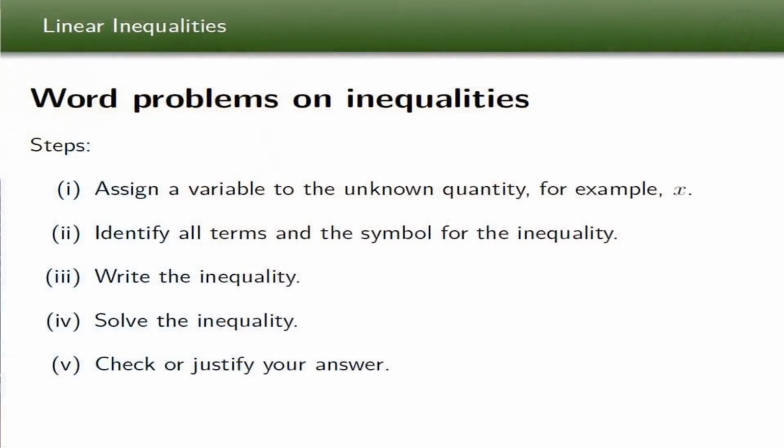Now, we are asked to write an inequality. That's the next step, to write the inequality that represents this statement. From our previous steps where we identified all the terms, we write all these statements we've extracted.